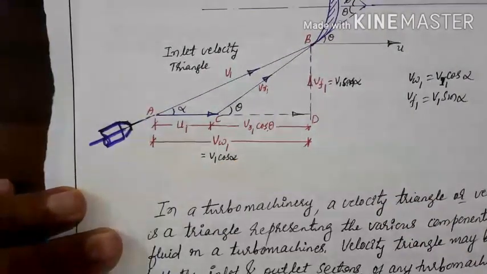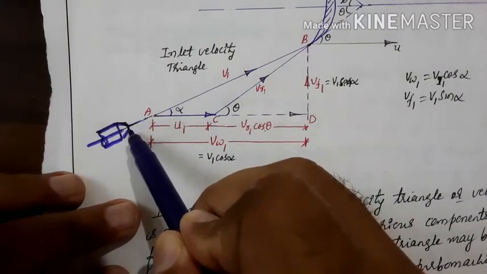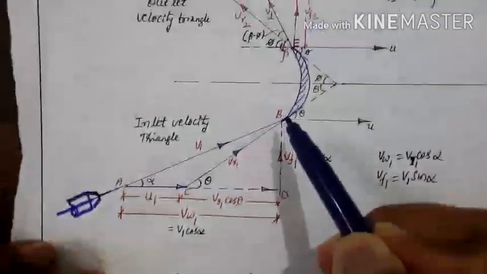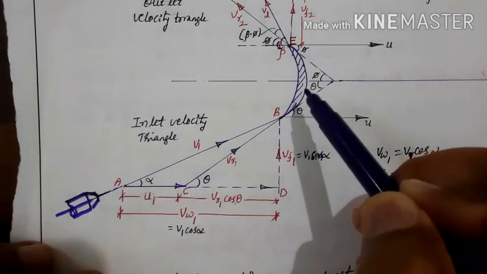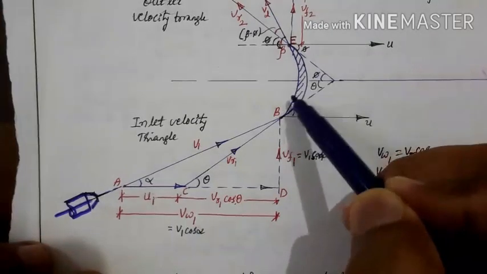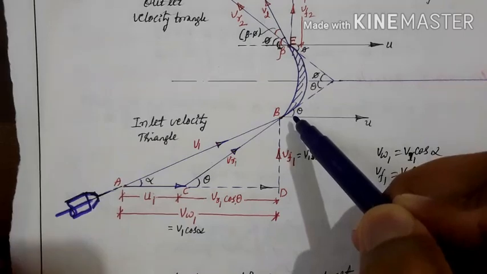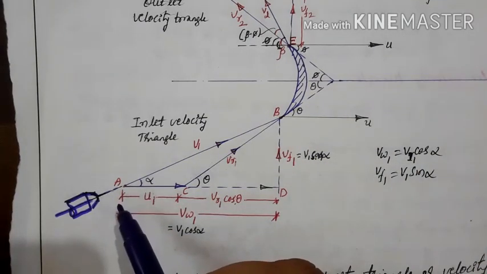From the nozzle the water is coming out at very high velocity and hitting the blade. So here the blade is placed. We have taken one blade, and we are analyzing the fluid velocities here.